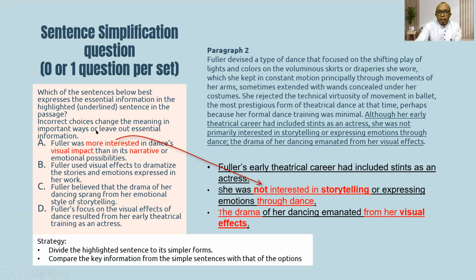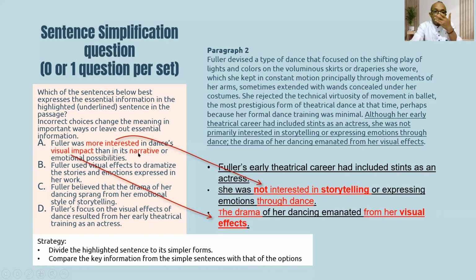Now, here, more interested can be paraphrased or restated using different structure. Okay, now visual impact is in line with the part over here. The drama of her dancing emanated from her visual effects. So she was more interested in dance's visual impact. That's what she's interested in more than the narrative.